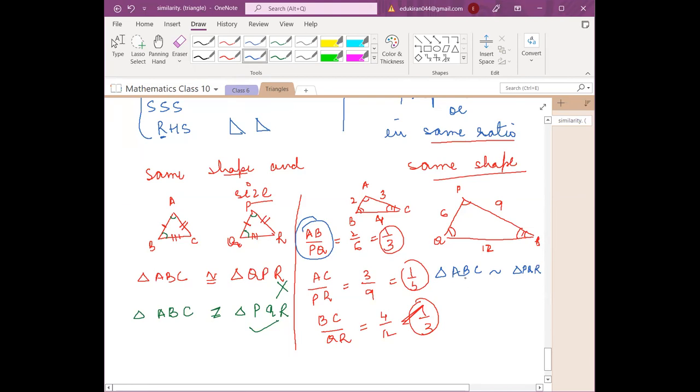So what does it mean? That AB side is proportional to PQ, right? And then BC is proportional to QR, that you can check here. And AC is actually proportional to PR. That also you can see here. So this is the correct way of writing. Understood? Okay.